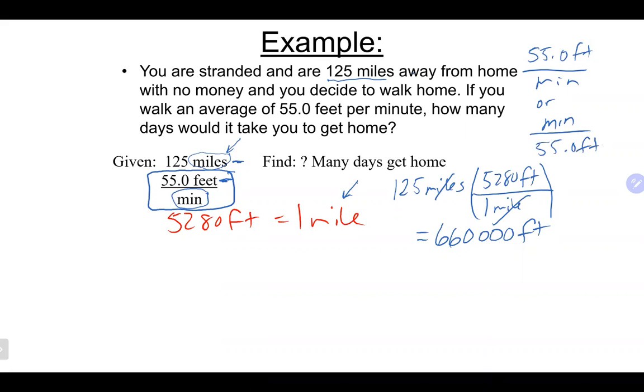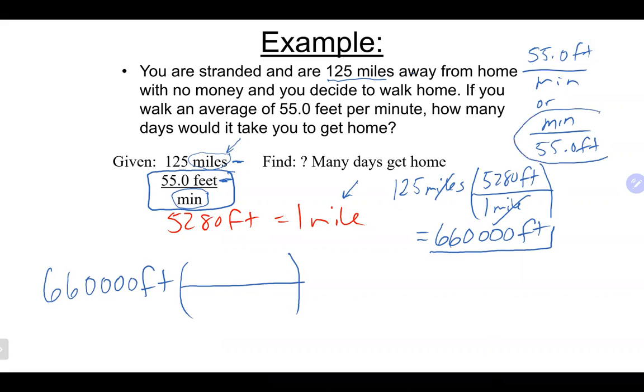In this particular case, we continue with our 660,000 feet. I need to go opposite of feet, which means feet should go on the bottom, so we use the rate in the opposite direction: a minute on top and 55 feet on the bottom.